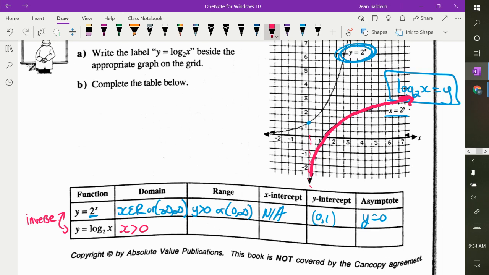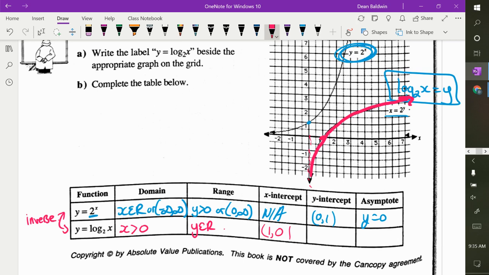Remember that from the first chapter? So if the domain was all real numbers, then the range of the log should be all real numbers, y is an element of the reals. That's why the range of the original, greater than 0, becomes the domain of the log. What's the x-intercept? 1, 0, because this point here switches.